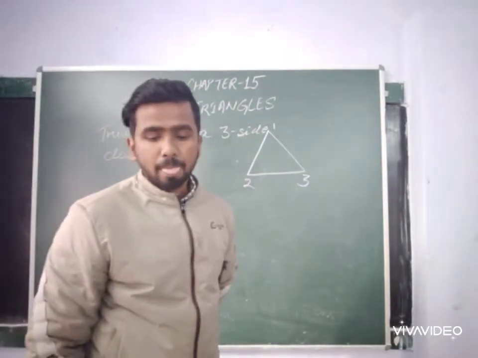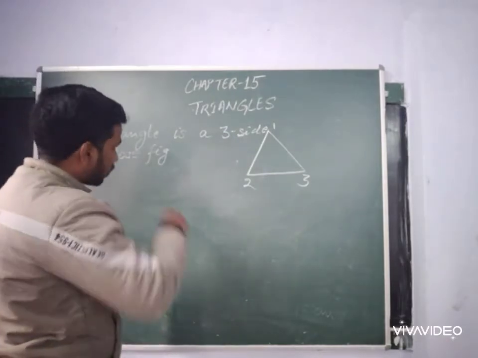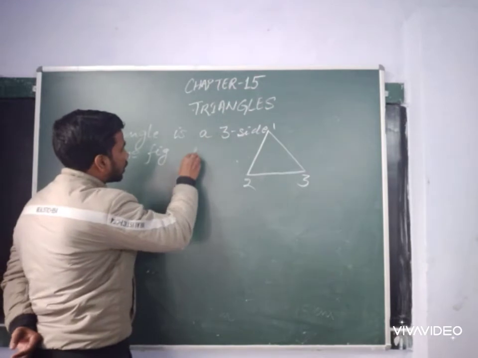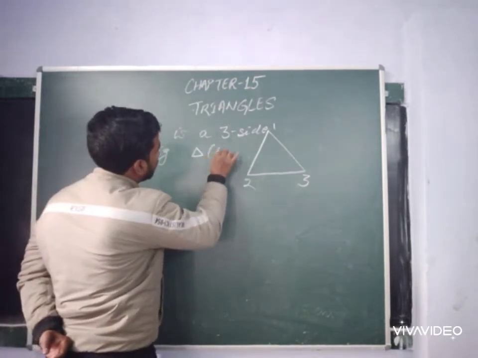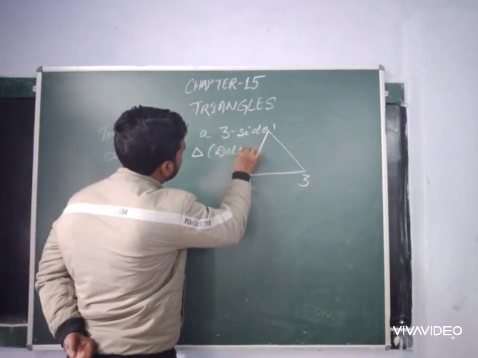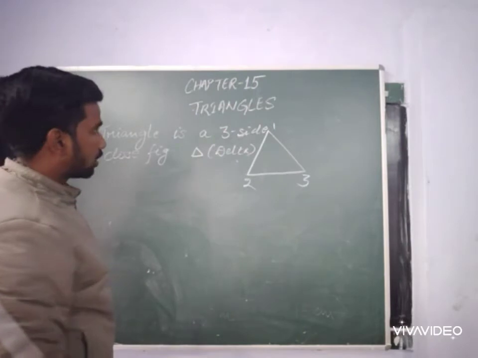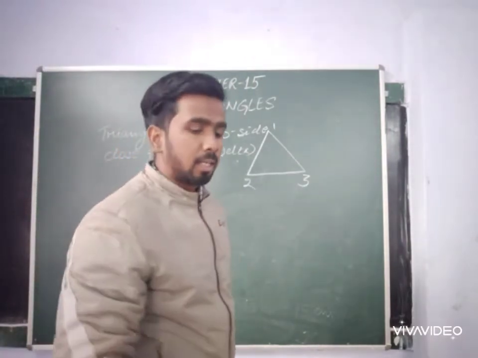And what is the symbol for this? It is denoted by a Greek letter called delta. So this is the definition of a triangle. It's very easy but important for you to understand.